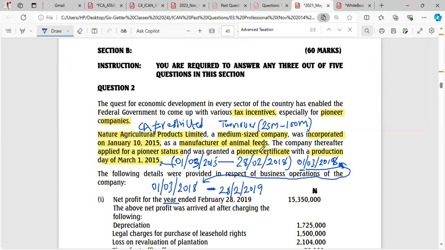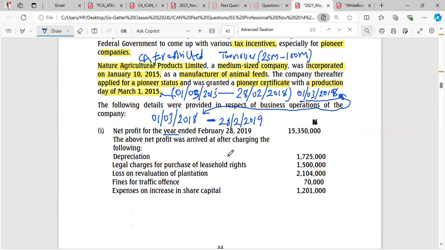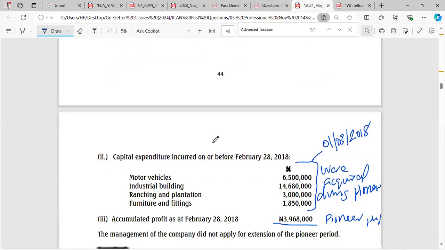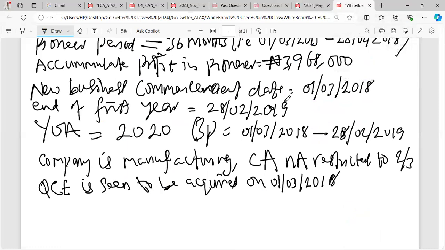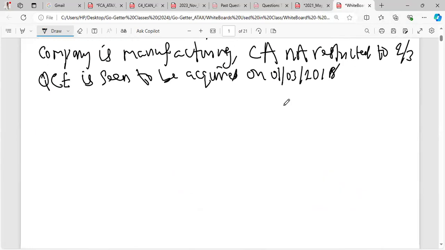Then what again do we need to write about? Pioneer was not extended. That is not a problem.